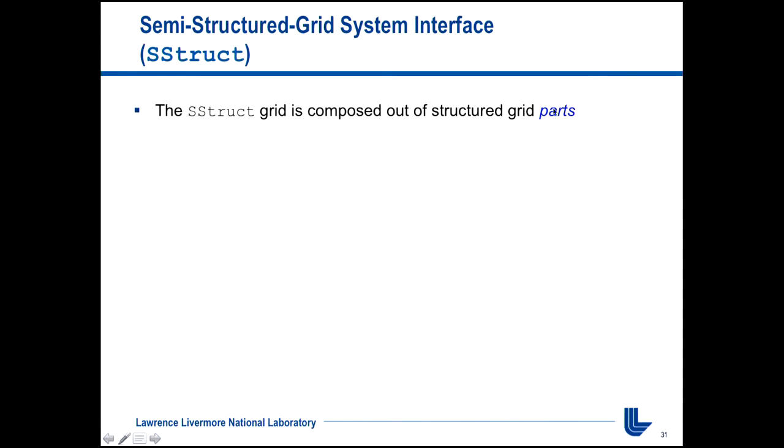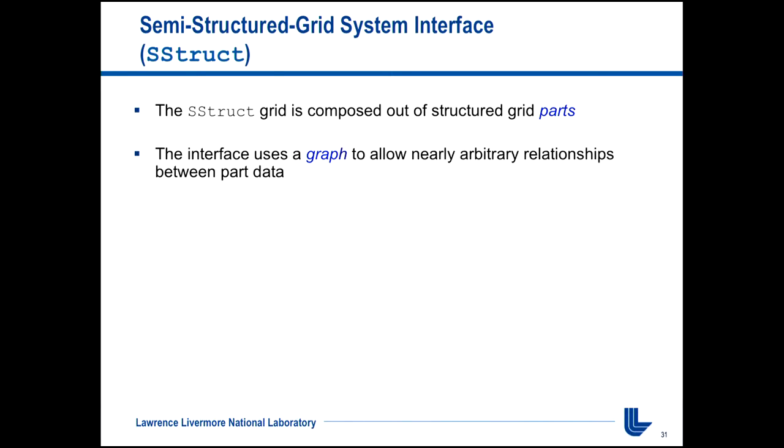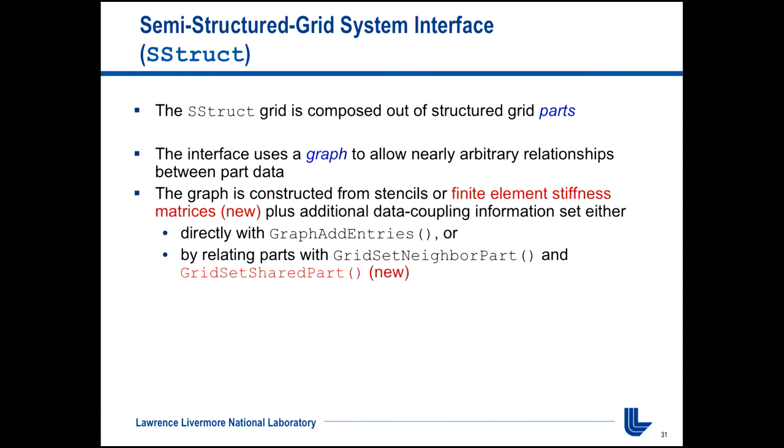Because this isn't fully structured, we are introducing a new concept here called parts. So we build this out of a bunch of structured parts. And then we have this new object called a graph, which allows us to couple these structured things together in kind of arbitrary ways. The graph is built out of either stencils or finite element stiffness matrices.